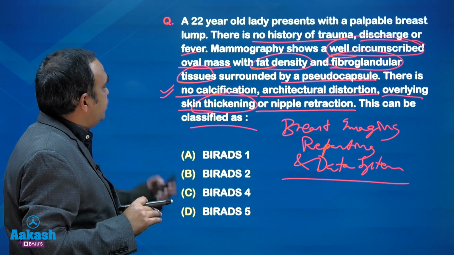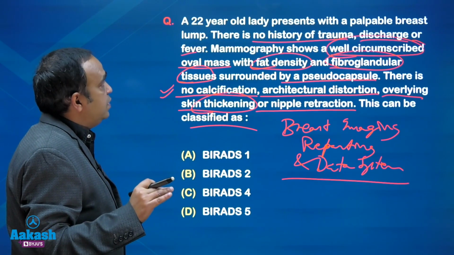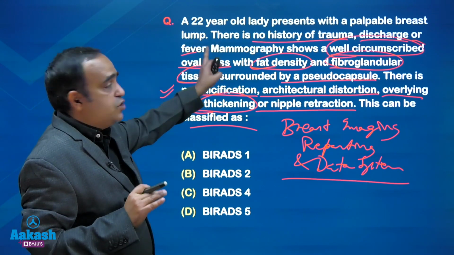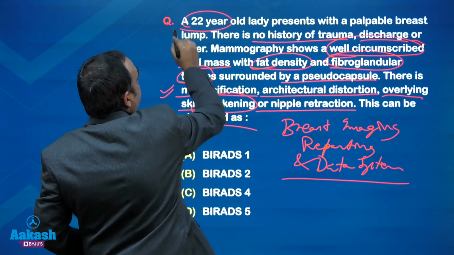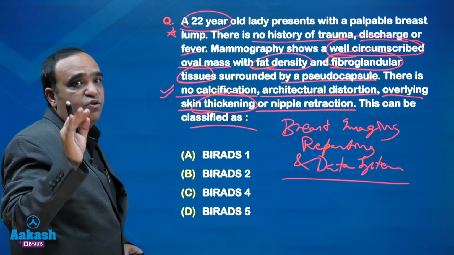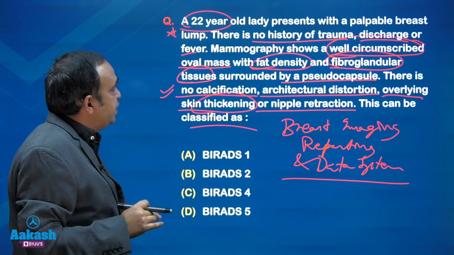Now in this case, where do our findings fit? It's a well circumscribed tumor, the history is not suggestive of any malignancy, a young patient, again very important, a young patient of 22, you don't expect malignancy, you expect the lump to be benign.